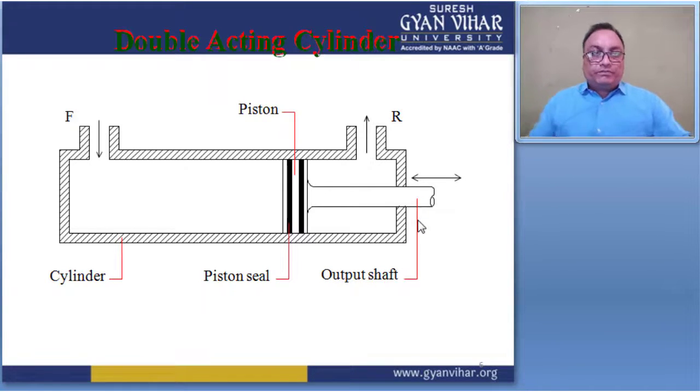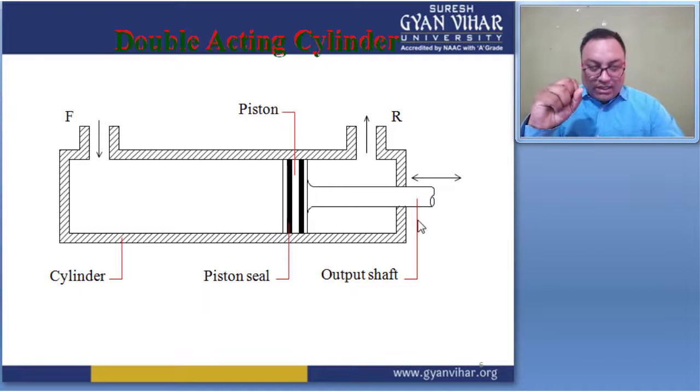So the main advantage of using a double acting cylinder is that it creates a large amount of force compared to the single acting cylinder, because in the single acting cylinder the spring consumes some amount of force, but in the double acting cylinder a spring is not attached.